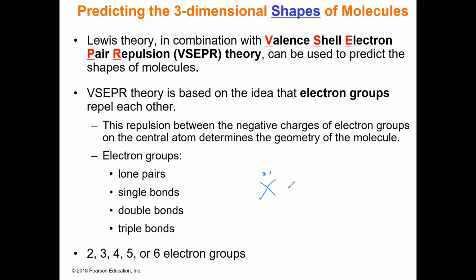It also had a single bond to, let's say, atom Y, and then it also had a double bond to atom Z. What we see is that around our central atom, we have one lone pair, so that's one electron group. We have a single bond here, which is another electron group, and we have a double bond here, which is another electron group. So in total, we have 1, 2, 3 electron groups here.